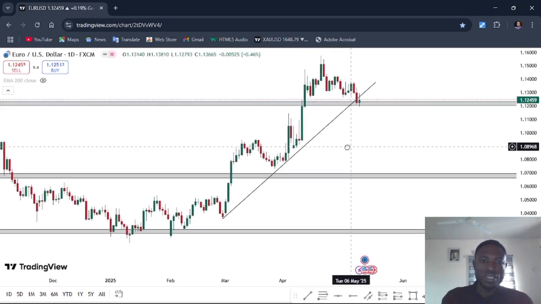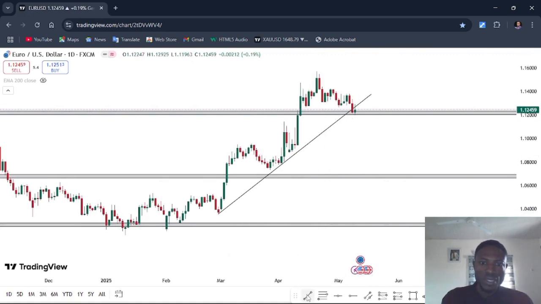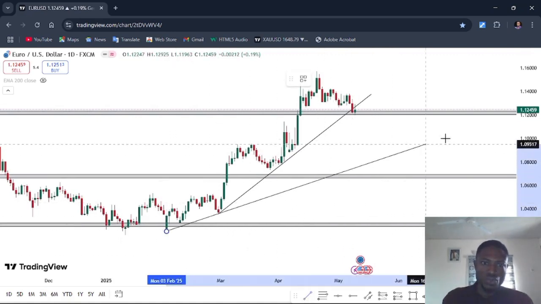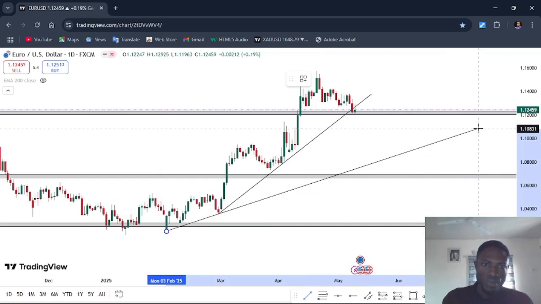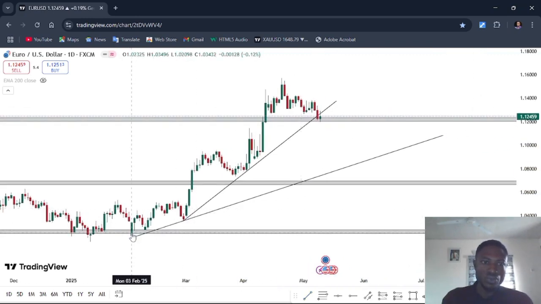Now, something else caught my attention. I drew another trend line like so, connecting these two peaks below here.